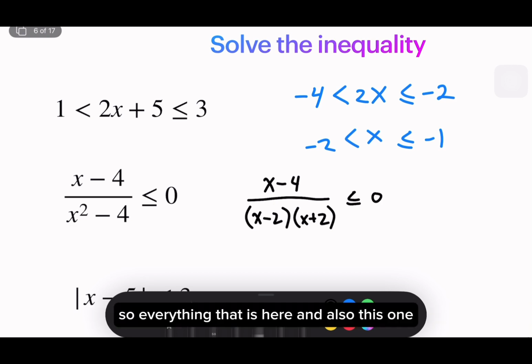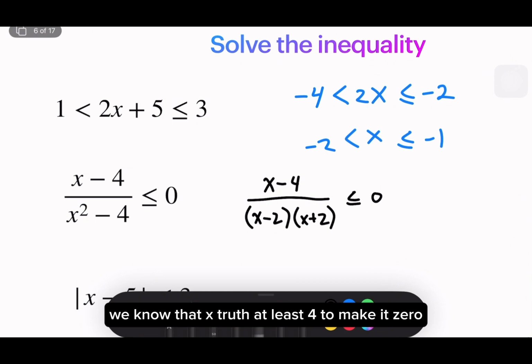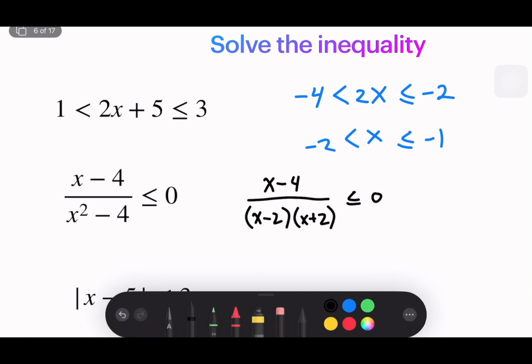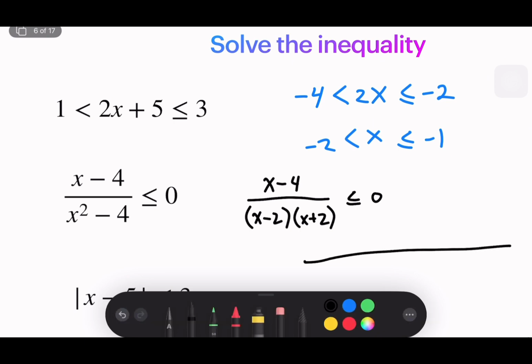And if we just look at the top, we know that x should be at least 4 to make it 0. So we have 3 points that we need to consider: negative 2, 2, and 4.